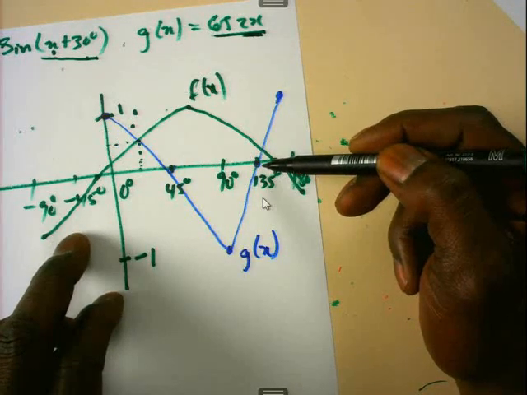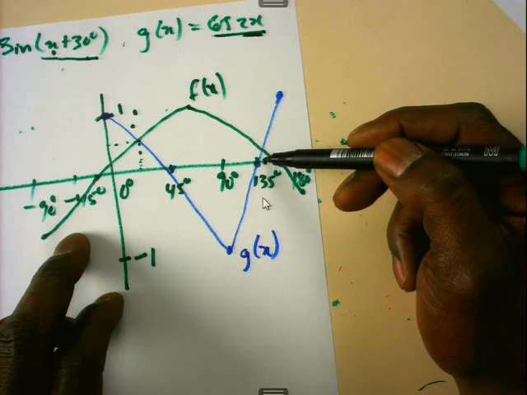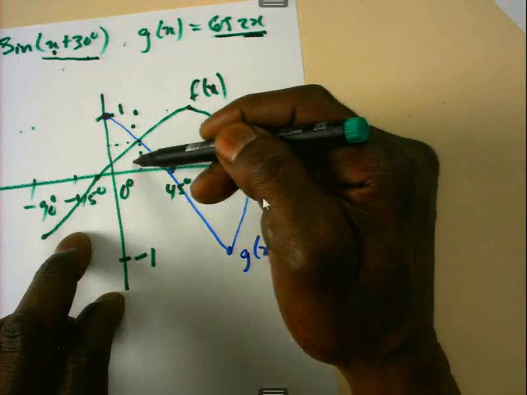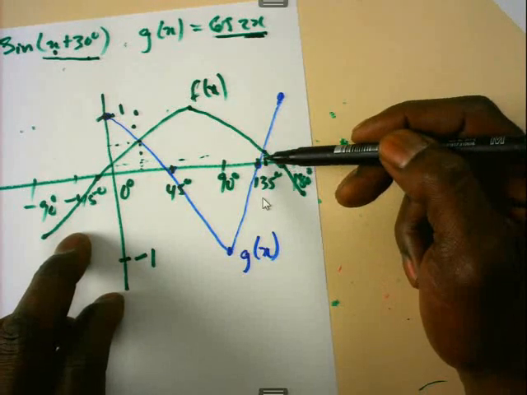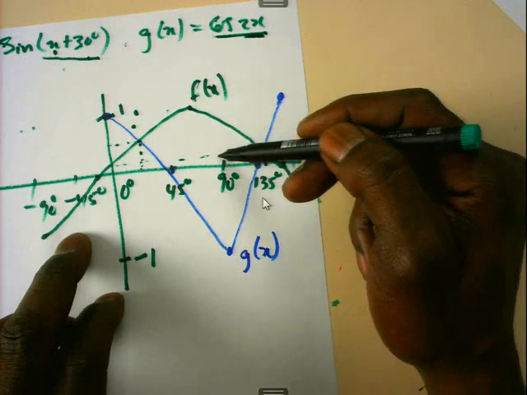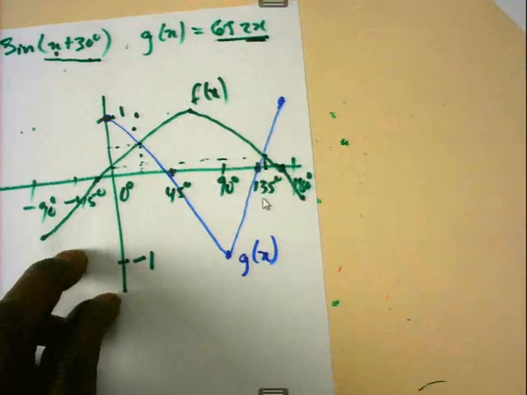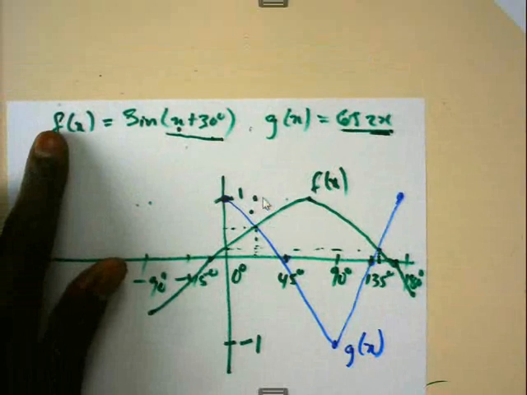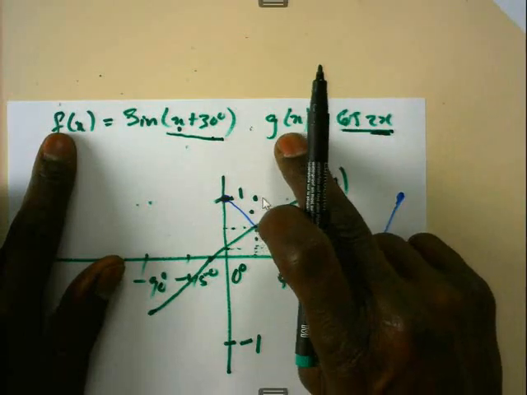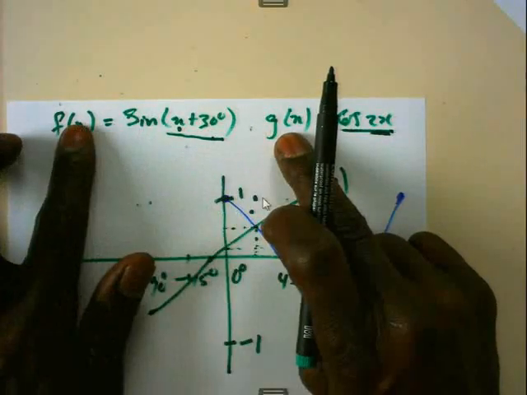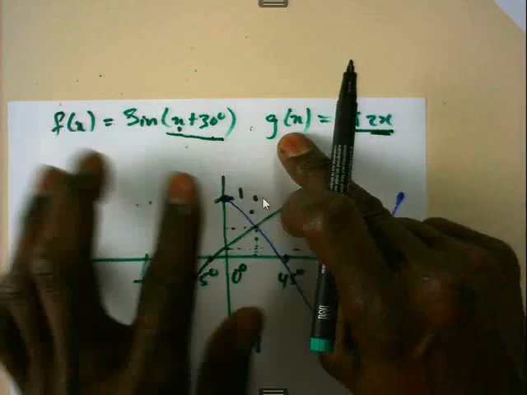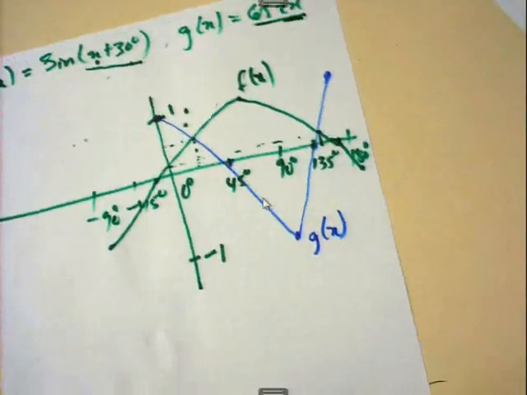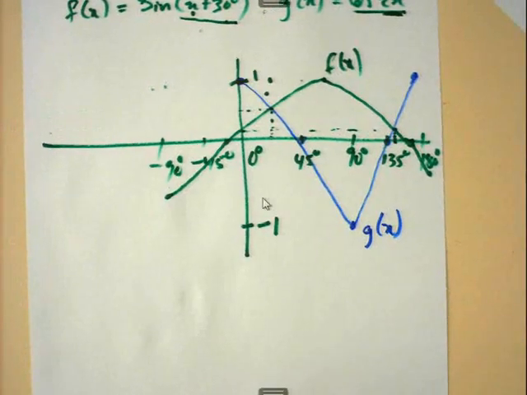Again, this happens here. The y value of the graph of f at that point is that y value, and the y value of the graph of g at that point is the same y value. So if f at x is the same as g at x, the left-hand side is the same as the left-hand side of that. It means the right-hand side must be the same as the right-hand side of that. Now we have made progress.